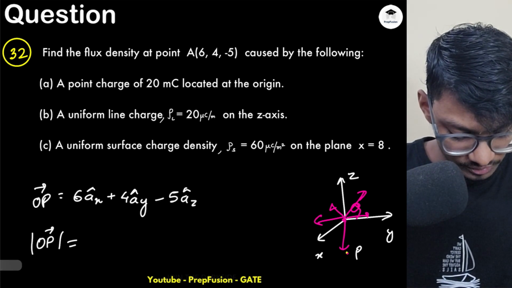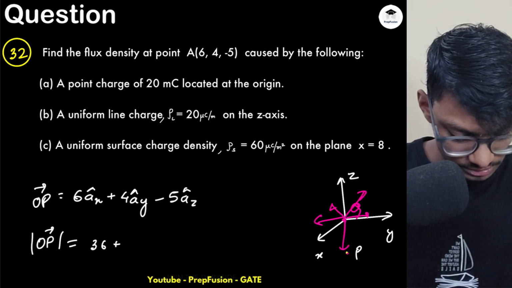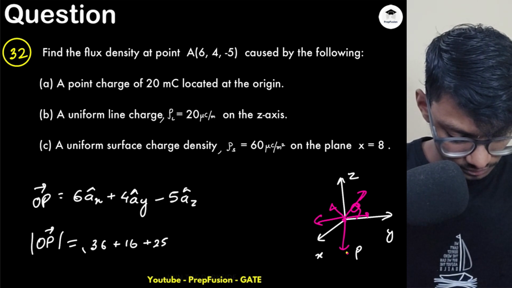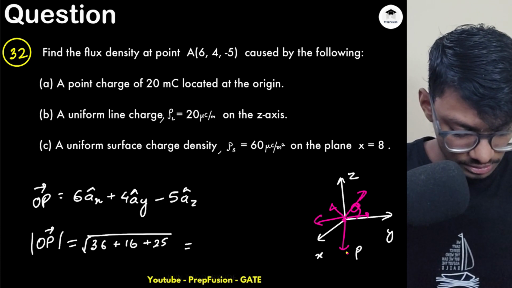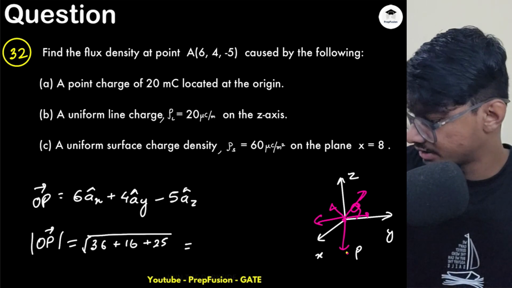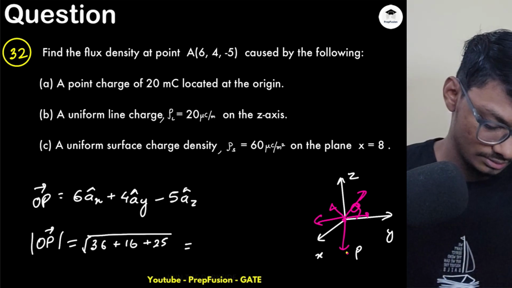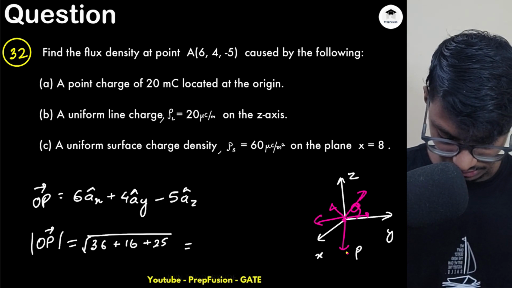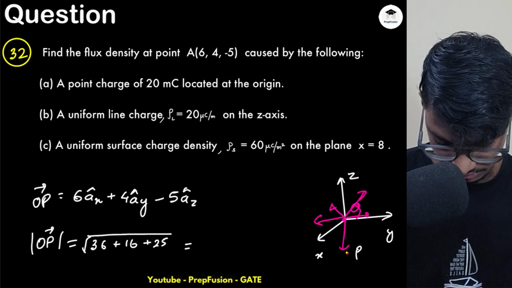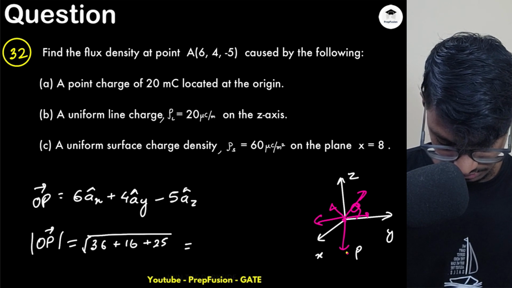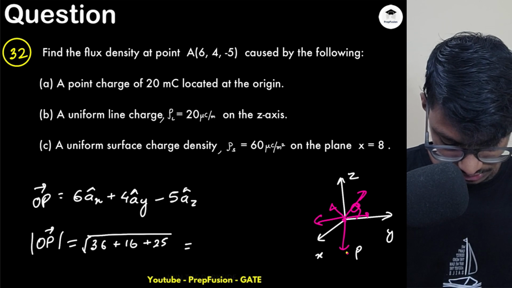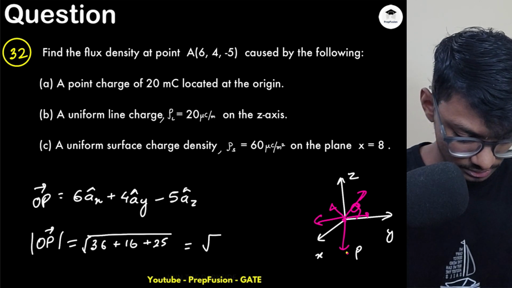So the magnitude of the OP vector will be the square root of 36 plus 16 plus 25. It is 52 plus 25, that is 77. So 36 plus 16 plus 25 is 77, under root 77.